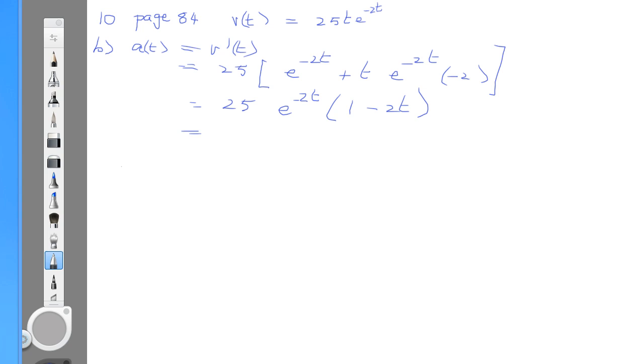And we just look back at the answer that was given, so we were given acceleration equals 25 (1 minus 2t) e to the minus 2t. So our answer just has the factors in a different order, and yes, it does equal the given value, a(t) given.